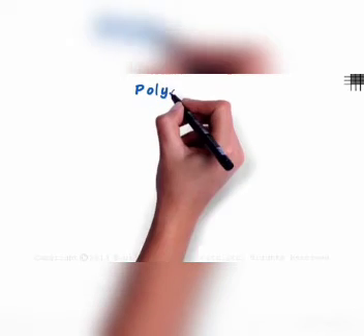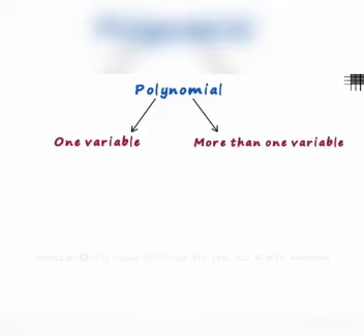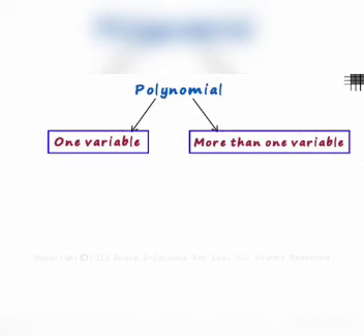We will look at an extremely important concept related to polynomials. Think about it. There can actually be just two broad categories of polynomials. The first category, which has just one variable, and the second one, which has more than one variable. That's it. These are the only two possibilities.